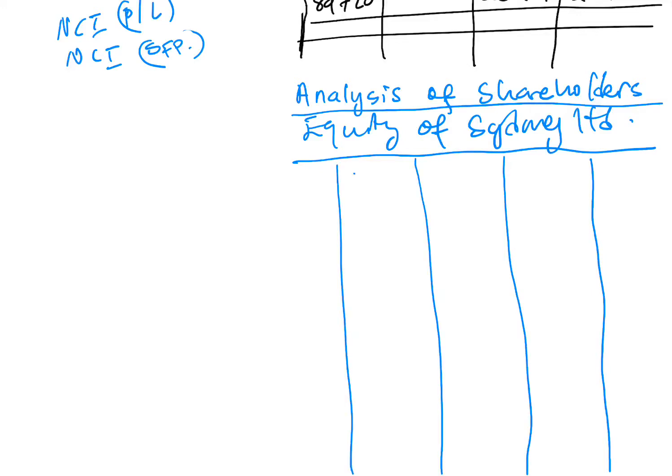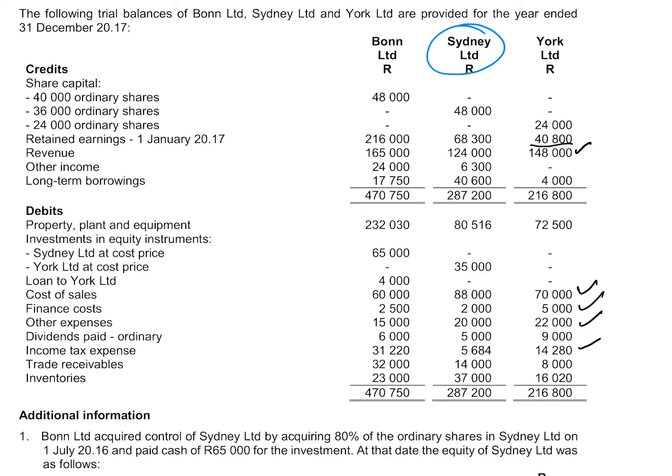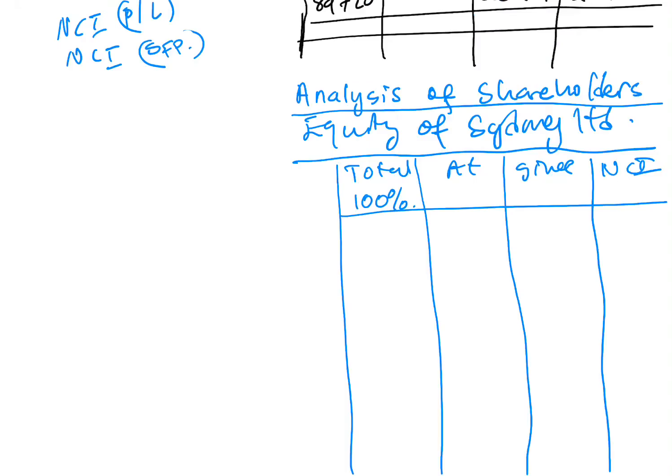The total, since non-controlling interest, it was 100%. How many percent did we buy from Sydney? 80%. So it's 80 and 20. So we're going to start with at acquisition.